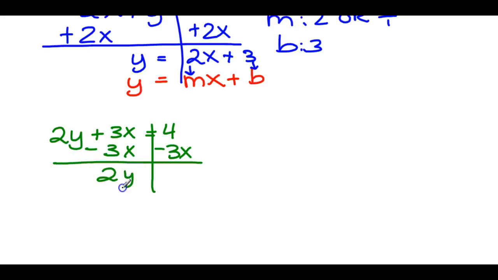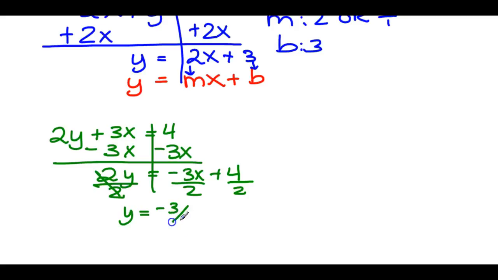And you end up with 2y equals negative 3x plus 4. Then we're going to divide by 2. And remember, when we divide by 2, you have to do that to everything. So then y equals negative 3 over 2x. And then 4 divided by 2 is 2.